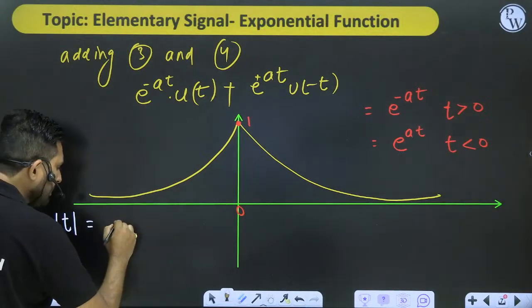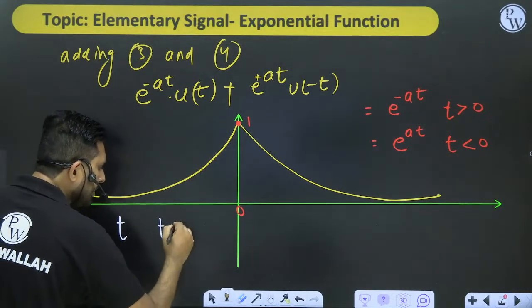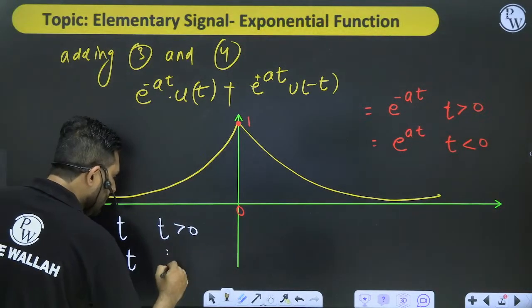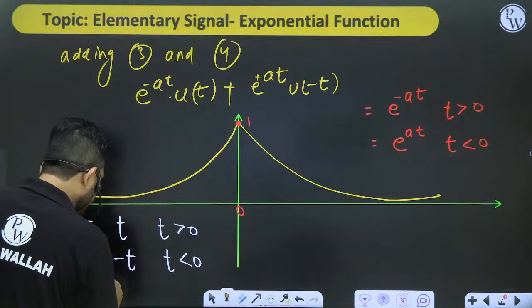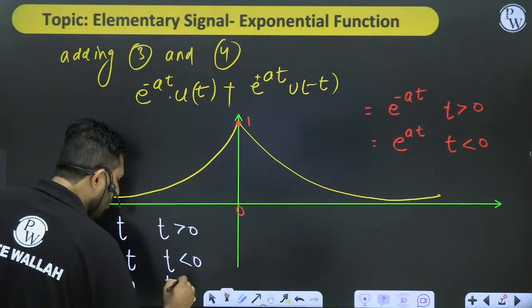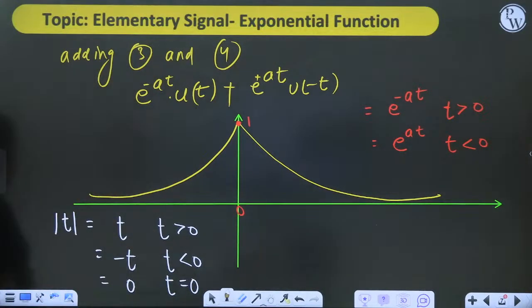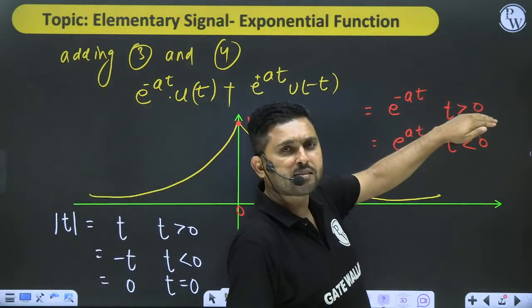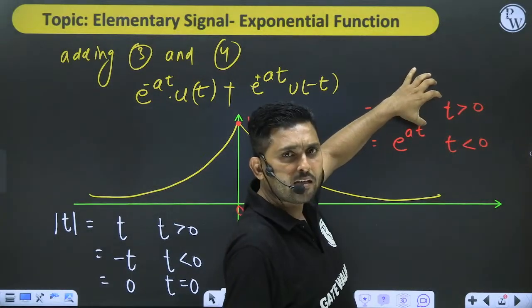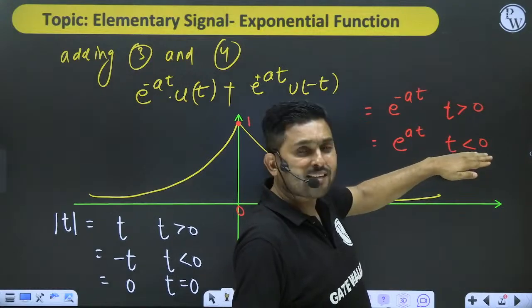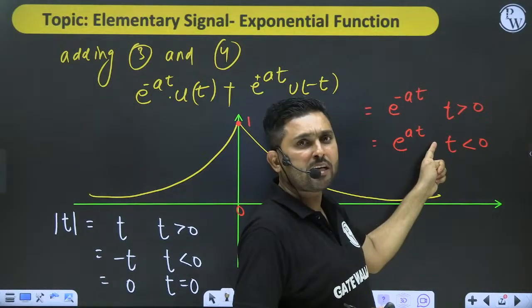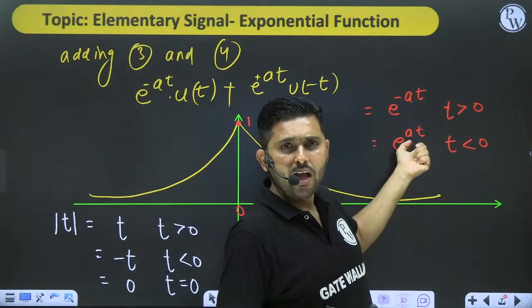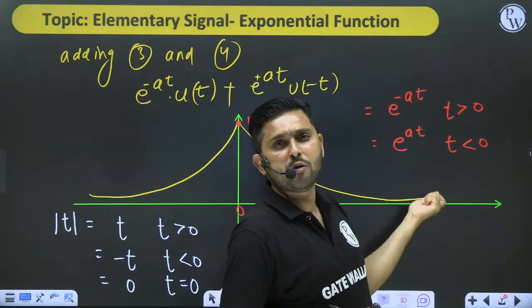Mod t is t for t greater than 0, minus t for t less than 0, and 0 at t equal to 0. So for t greater than 0, it is e to the power minus at. For t less than 0, minus of minus t becomes positive. And at t equal to 0, this value is nothing but my 1.